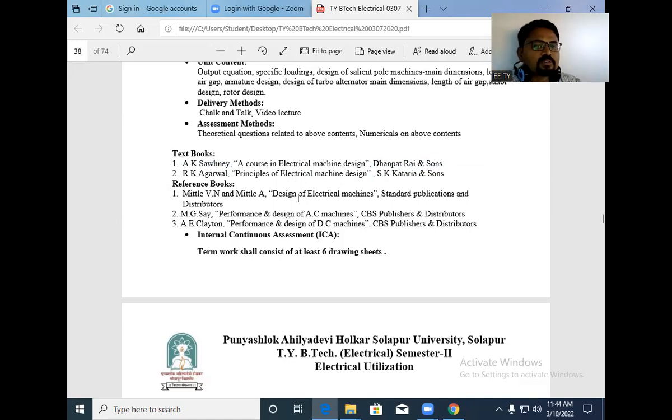Next, write down the second textbook: Principles of Electrical Machine Design.